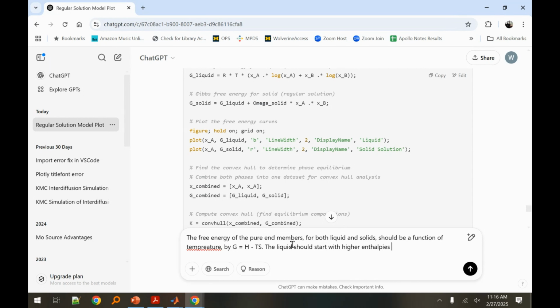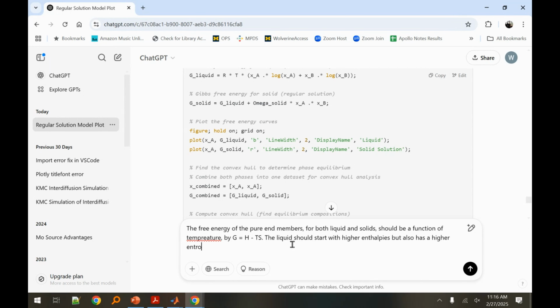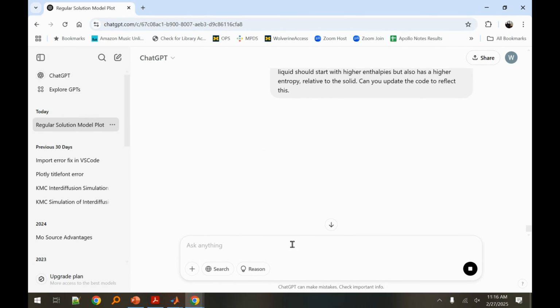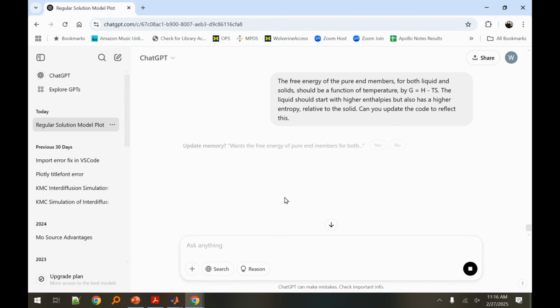Can you update the code to reflect this? I went to correct a typo, but ChatGPT doesn't mind typos. It knows what you're saying. Good idea. We'll update the free energies to look like this. So now let's try.